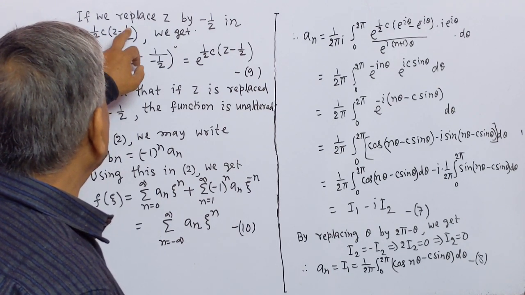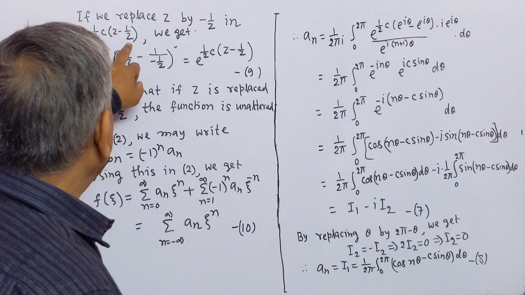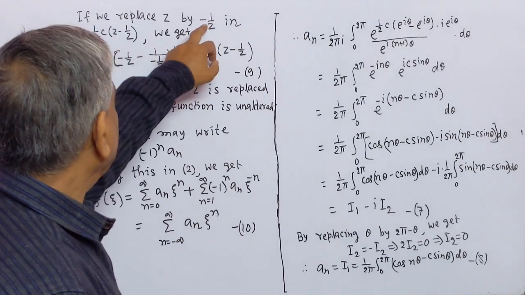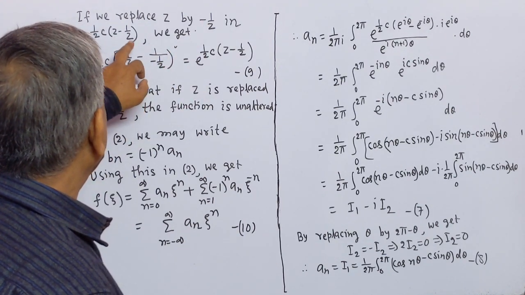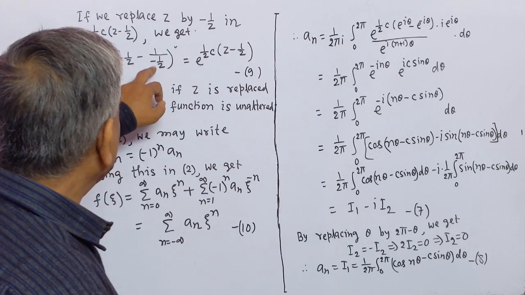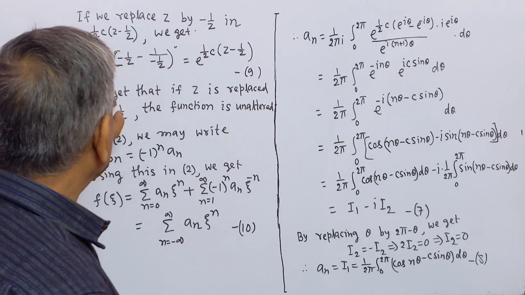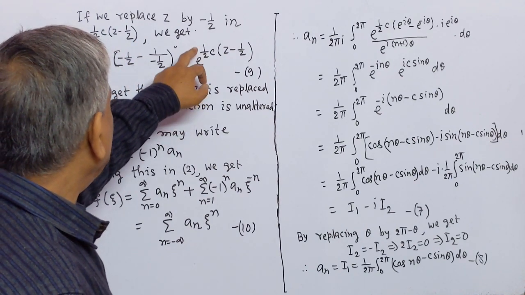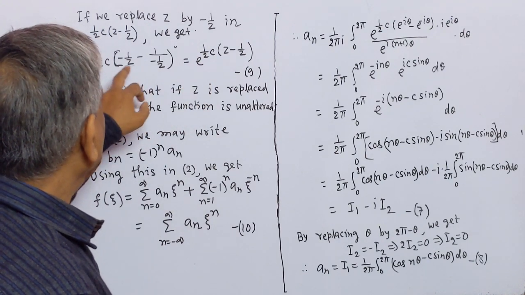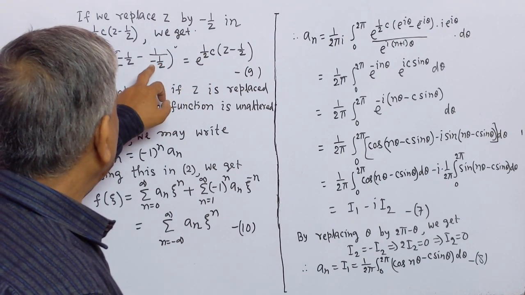If we replace z by -1/z in the original function e^(½c(z - 1/z)), in place of z we write -1/z, and here also -1/z, and this function becomes e^(½c(z - 1/z)), since minus minus plus.